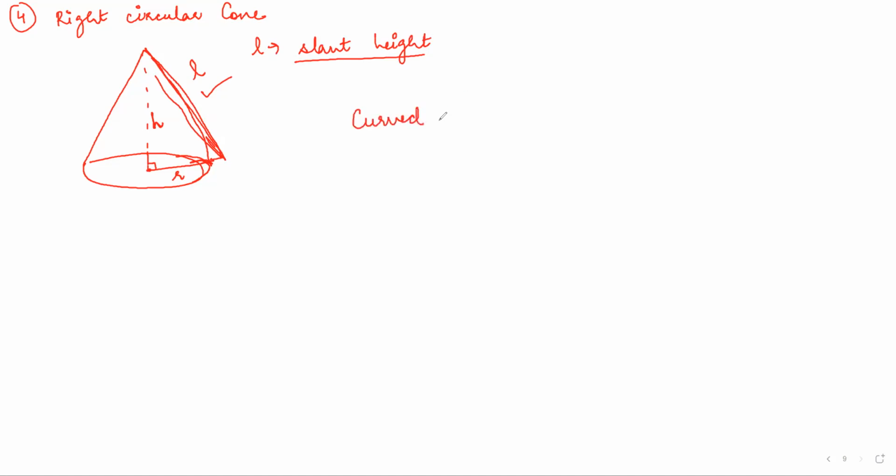Now I'm writing curved surface area, total surface area and volume. Curved surface area, please remember, is pi r l, where l is the slant height.